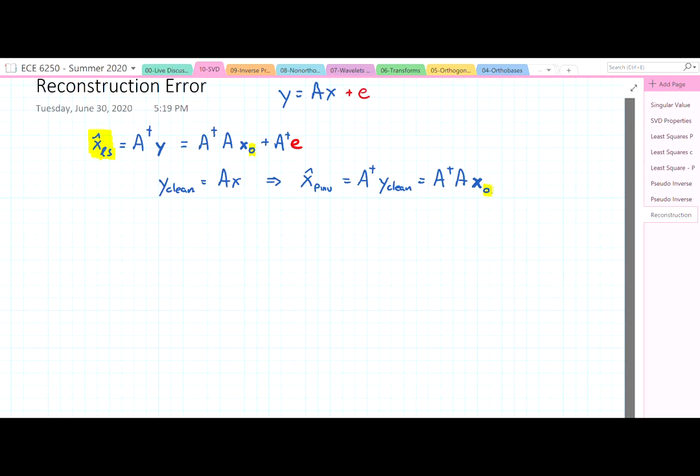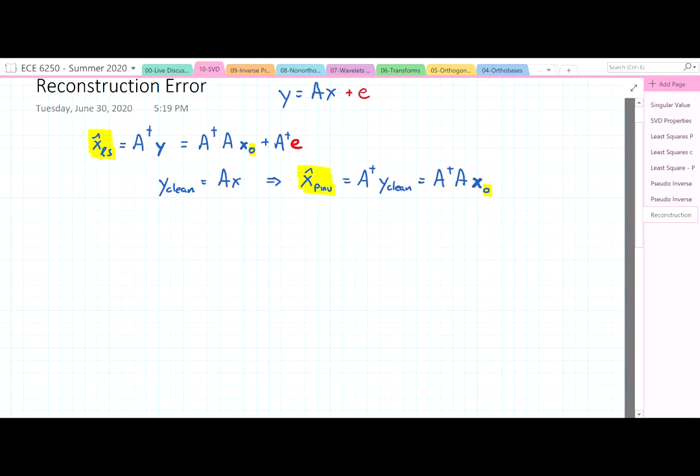We want to compare how our least squares solution compares with our inverse solution, so our pseudo-inverse solution.